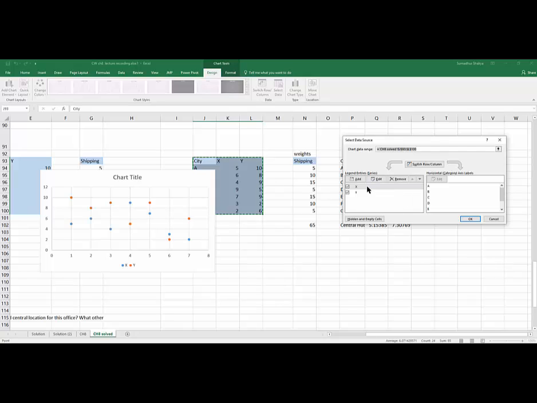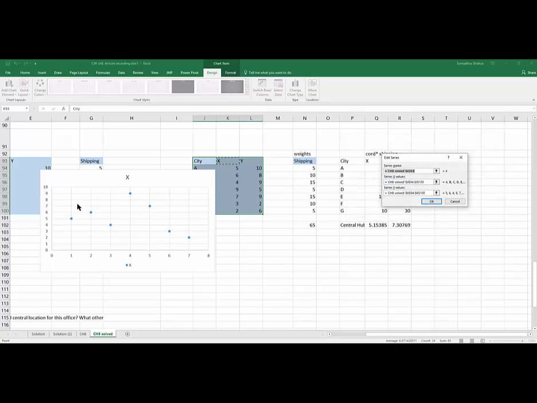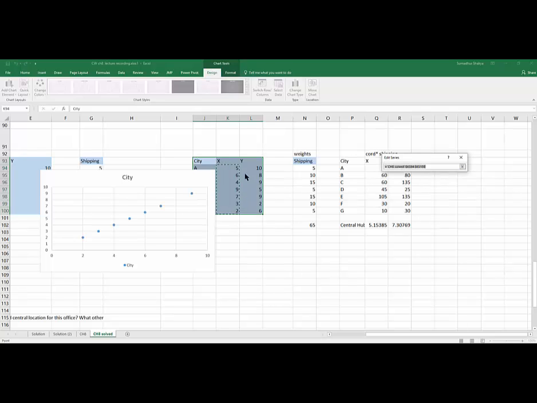Okay, select data. Edit. Let's say city. All the x coordinates are in here. All the y coordinates are in here.